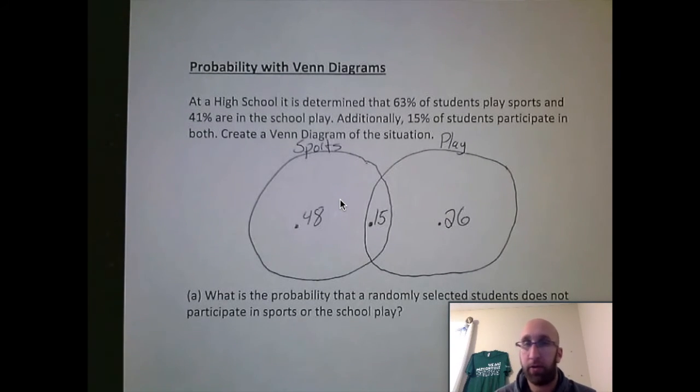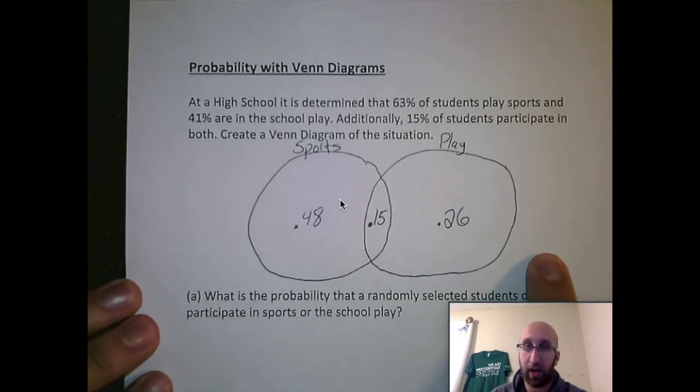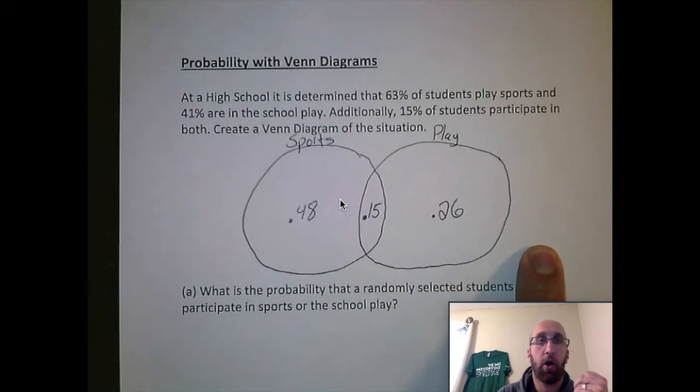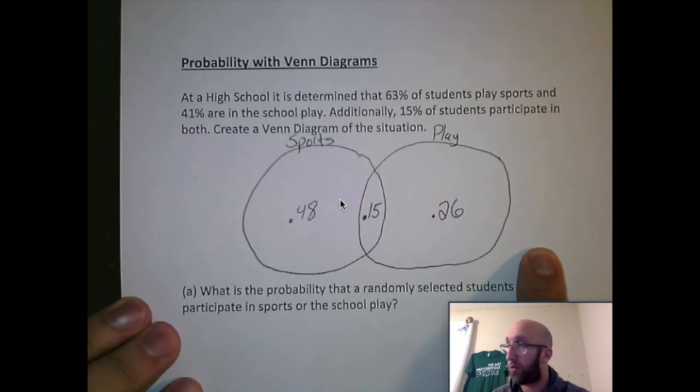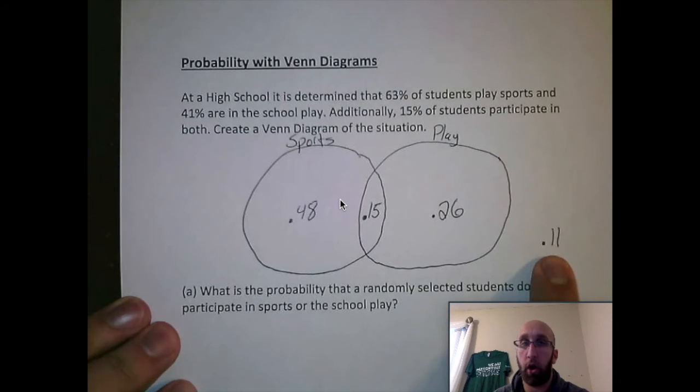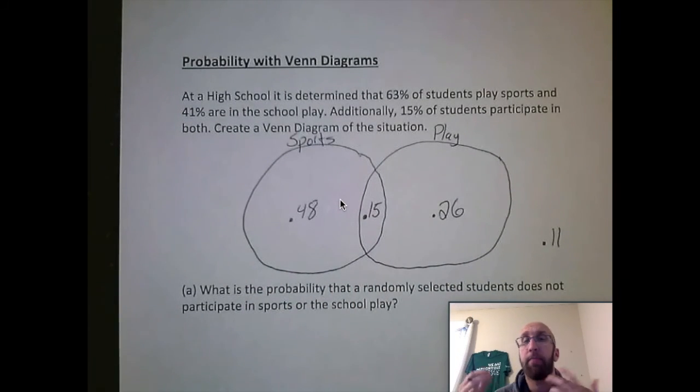That other probability is going to be outside of both circles. That represents students that are not playing sports and are not in the school play. So if it adds up to 0.89, this surely must be 0.11. Now if you add up all four of these probabilities, it adds up to 1. We have everything covered and we are good to go.